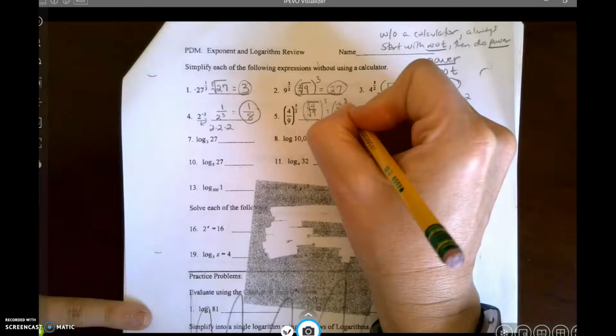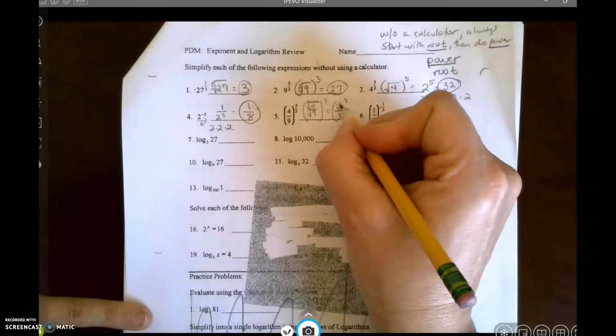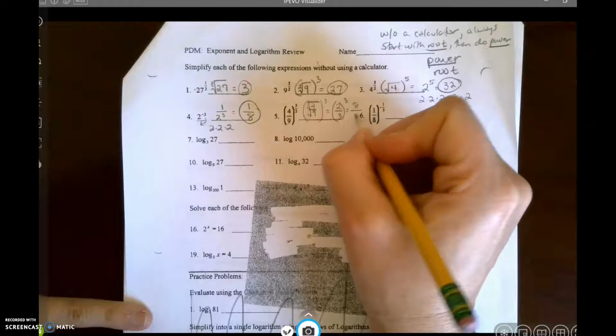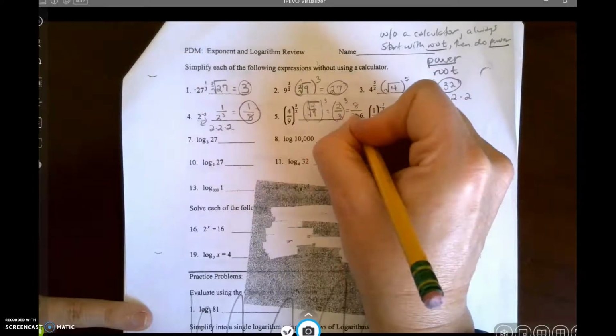And now I have to cube that 2/3. When I cube the 2, that's 2 times 2 times 2 is 8. And then when I cube the 3, 3 times 3 times 3 is 27.